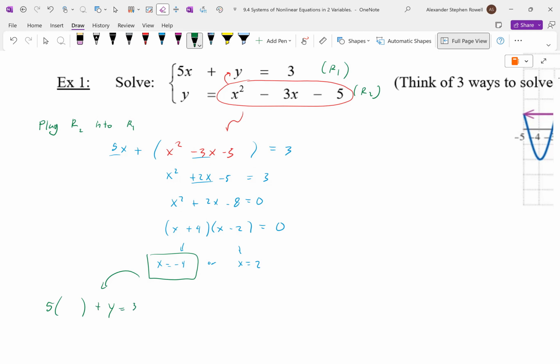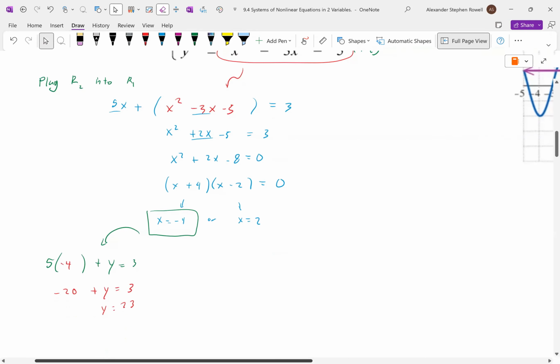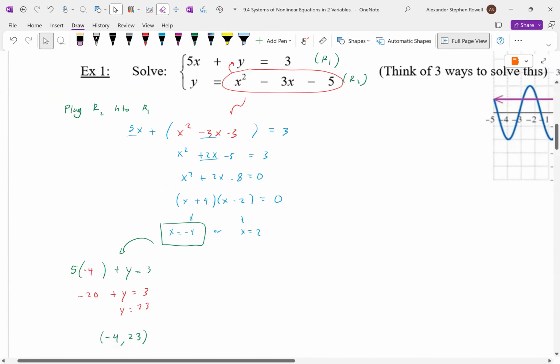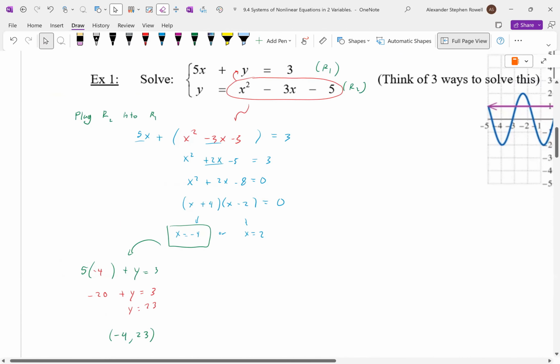So let's plug in -4 here: -20 plus y is equal to 3, or y is equal to 23. So we have a corresponding ordered pair, (-4, 23). Wait a second. Is that a solution to the system? We don't know. So how would we check?